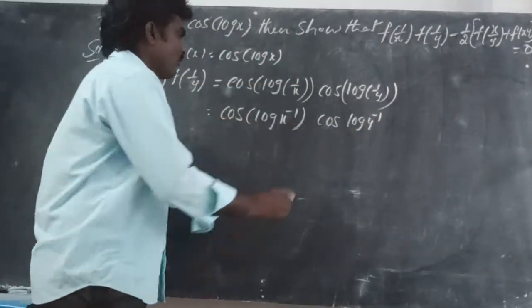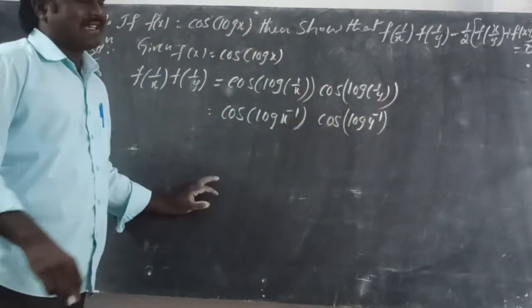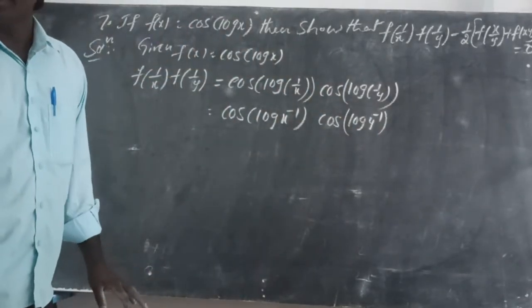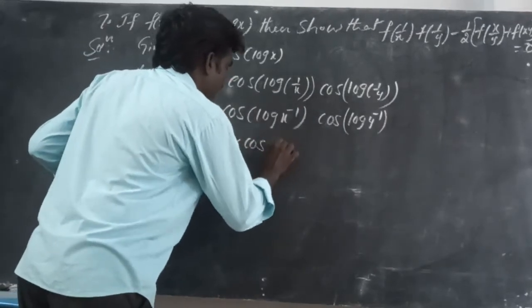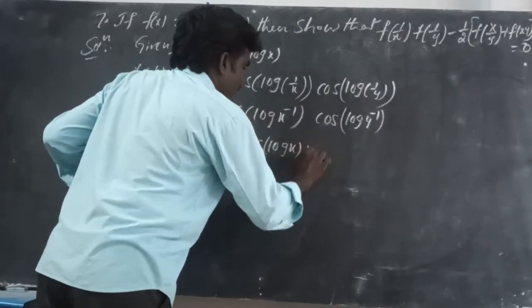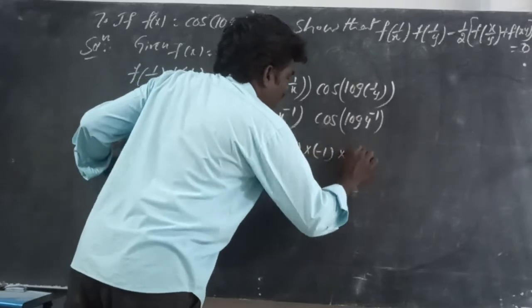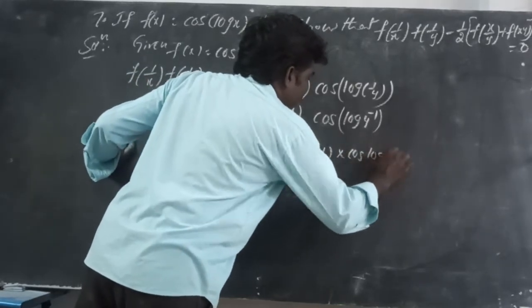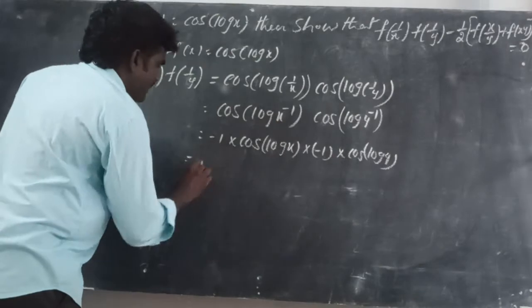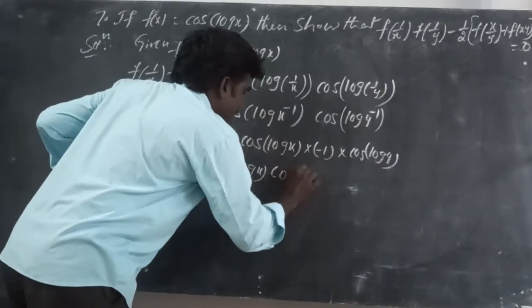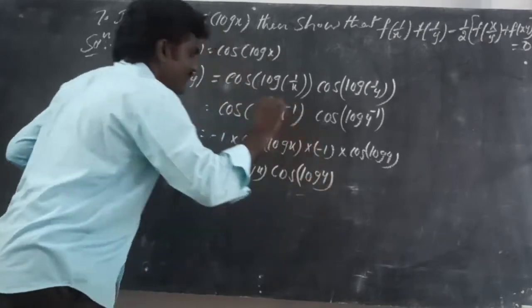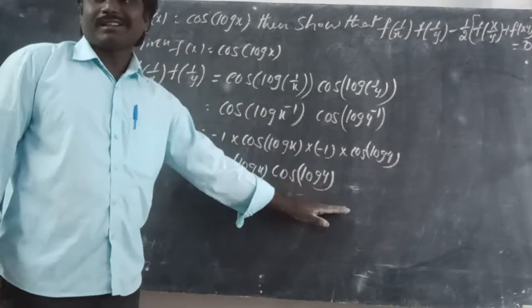Here log of x^n to base a is n log x. So this becomes (−1) cos log x times (−1) cos log y. Minus times minus is plus, so that is cos log x into cos log y.